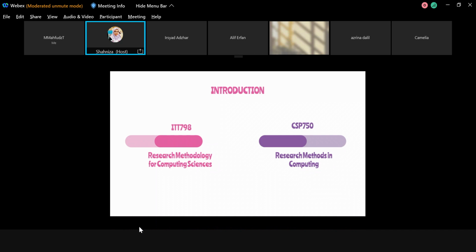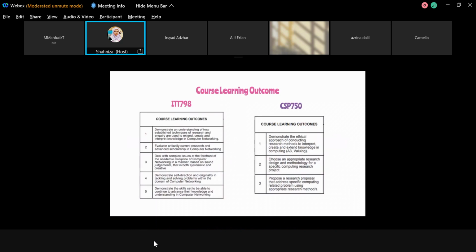This makes the difference in terms of course learning outcome. For ITT 798, you can see that it is to demonstrate and understand established techniques of research and inquiry, and it is more related to computer networking. And the other one is to demonstrate the ethical approach.